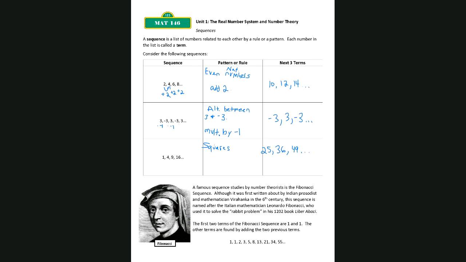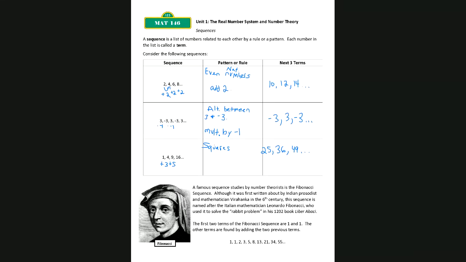If I were to add something to 1 to get to 4, what would that be? Well, that would be 3, right? So 1 plus 3 is 4. If I were to add something to 4 to get to 9, that would be 5. So 4 plus 5 is 9. 9 plus what is 16?